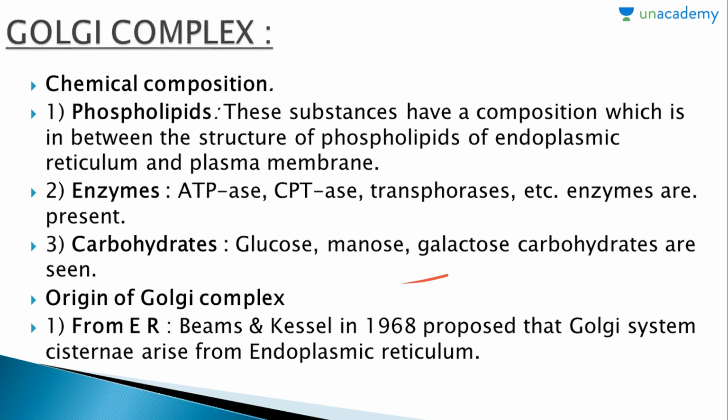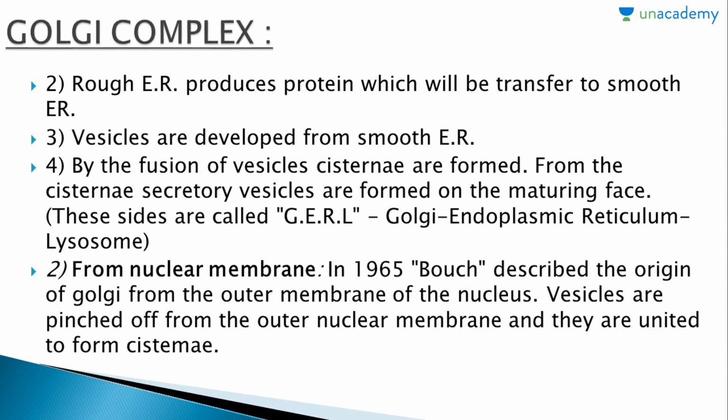Then we have the origin of the Golgi complex. First, from the ER: Mollenhauer and Morre in 1968 proposed that Golgi cisternae arise from the endoplasmic reticulum. There are various theories, so this is one of the theories proposed first. Rough ER produces protein, which is transferred to the smooth ER.